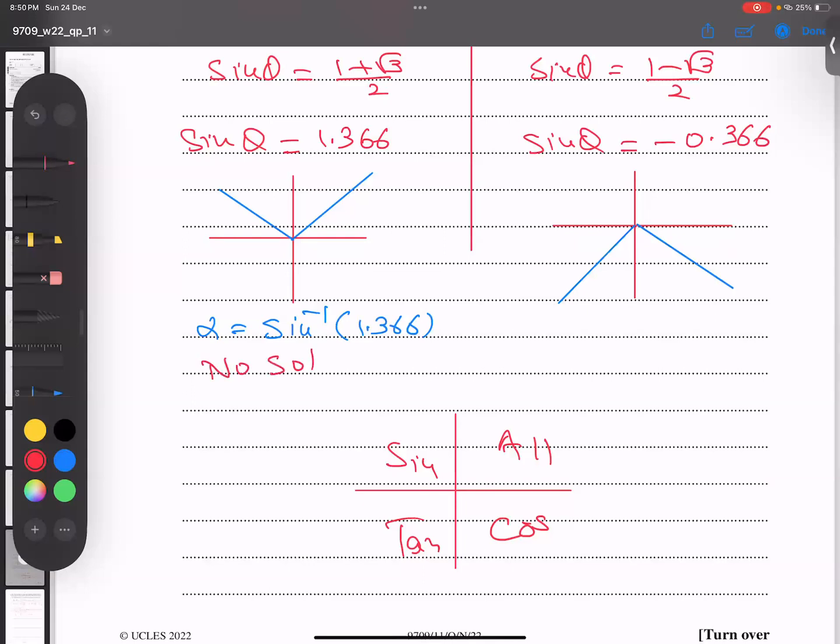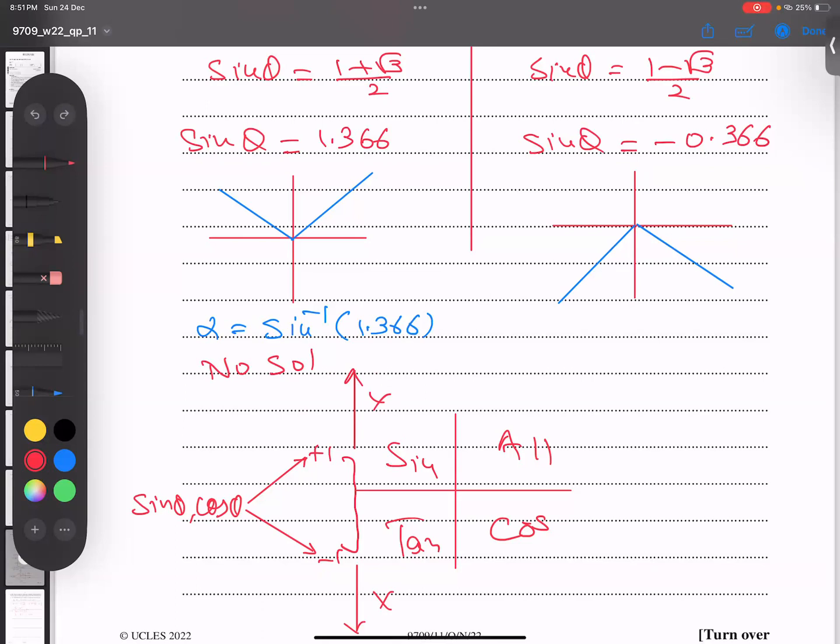Now you ask why no solution, sir? Because sine theta and cos theta, the highest value is +1 and the lowest value is -1, and everything stays in the middle of that. It means this exists, but above +1 there is no solution, and below -1, no solution. So because this value is above 1, there is no solution. So I can't get any solution here.